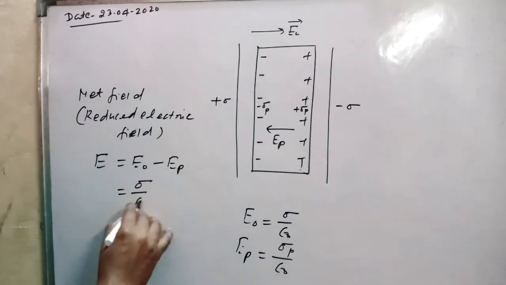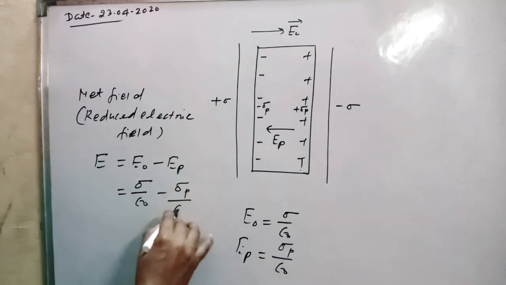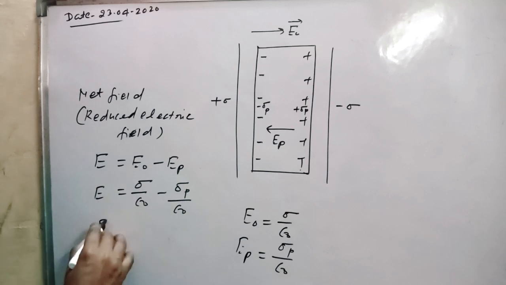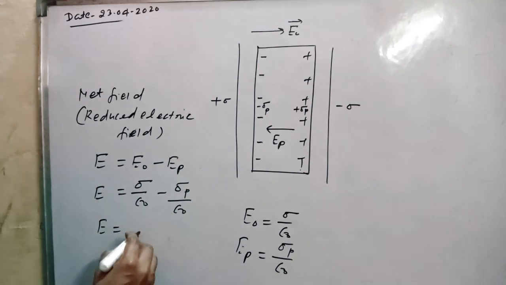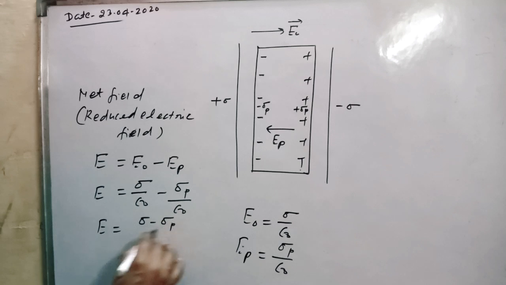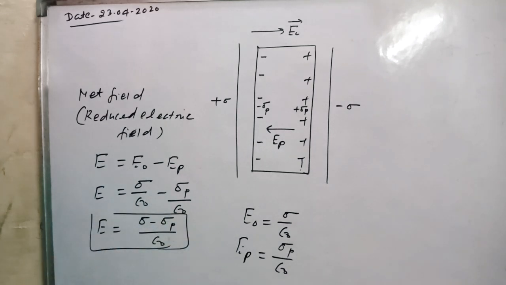Now here sigma divided by epsilon naught, sigma p divided by epsilon naught. So now here E is equal to sigma minus sigma p divided by epsilon naught. This one is the expression for the reduced electric field due to the polarization of the dielectric.